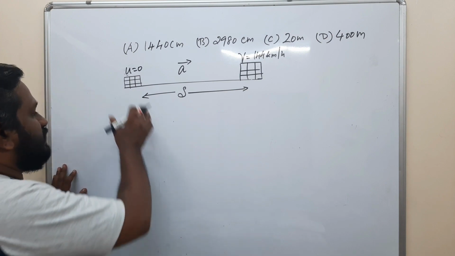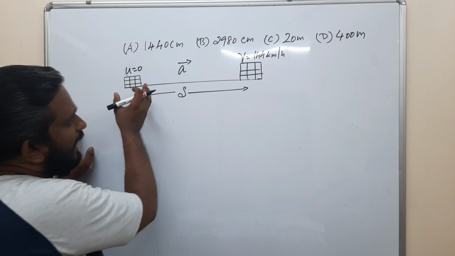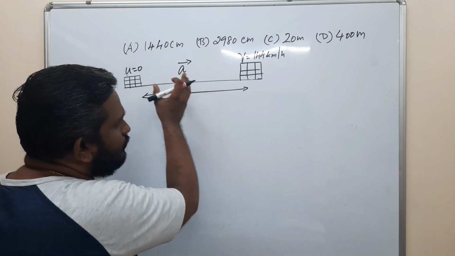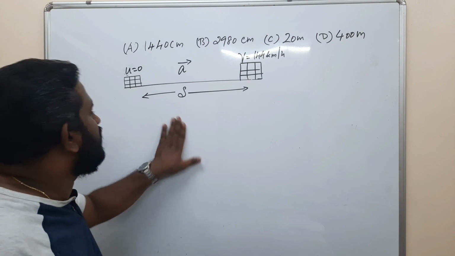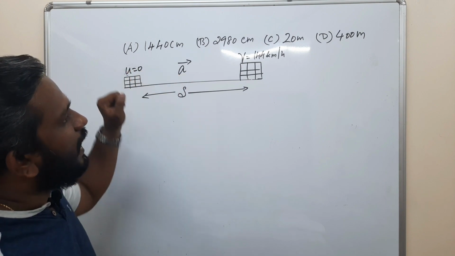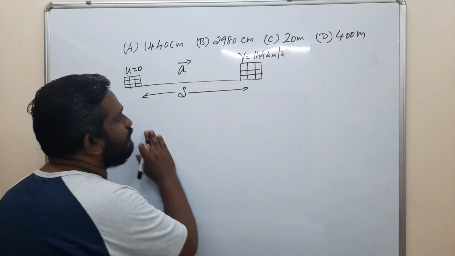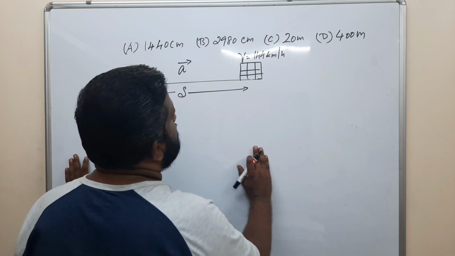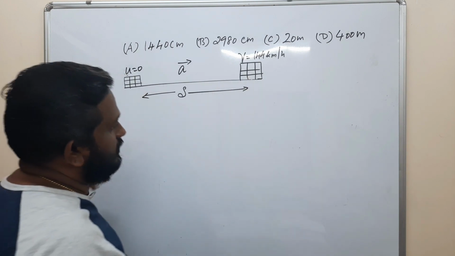So it is the visualization of the question. A car starts from rest, it is given in the question. So initial velocity is 0 and it accelerates uniformly. The acceleration is not given, so I am taking the acceleration a, and it reaches the velocity v equal to 144 km per hour.